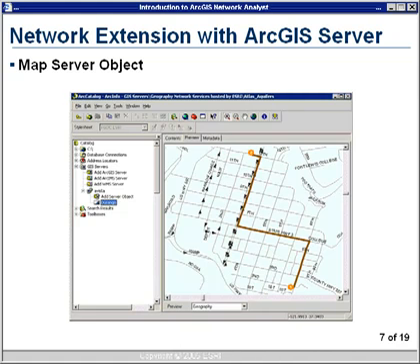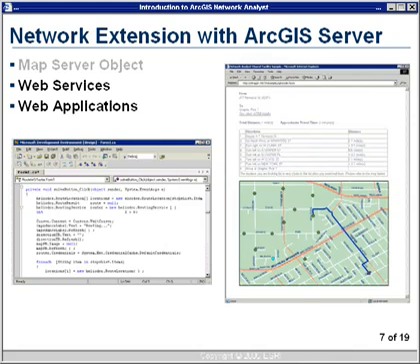Examples include publishing ArcGIS map server objects that contain Network Analyst layers, publishing SOAP web services that accept input parameters, perform specific network-based spatial analysis with ArcObjects, and return non-graphic result sets, or custom web services or web applications that return maps and directions.